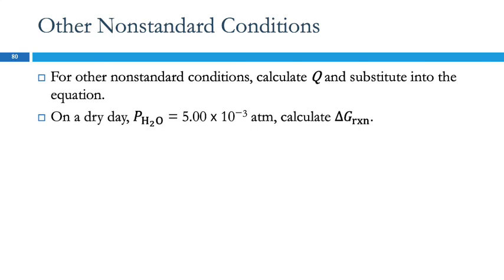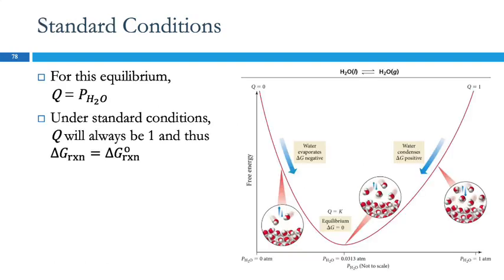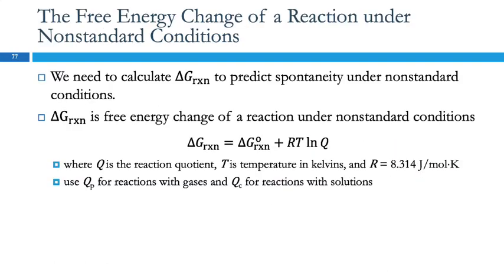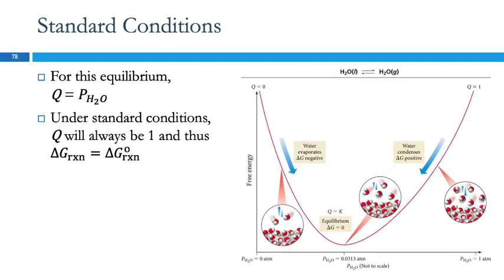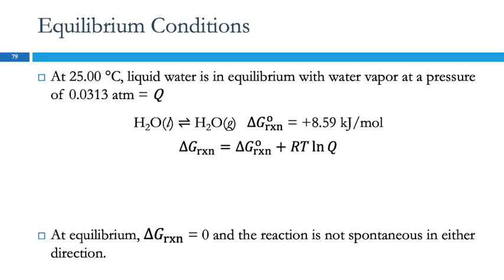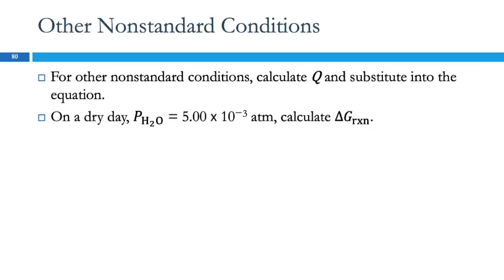Let's look at other non-standard conditions, okay? On a dry day, the partial pressure of H2O is 5 times 10 to the minus 3 atmospheres. Calculate delta G. What was it, 859 kilojoules? Whoops. 8.59 kilojoules. I need that number.